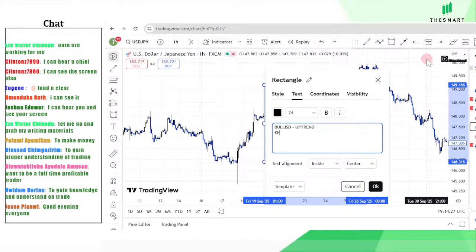Then we have the bearish market, also known as the downtrend. The third one is accumulation or consolidation.